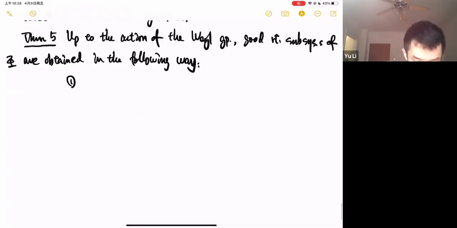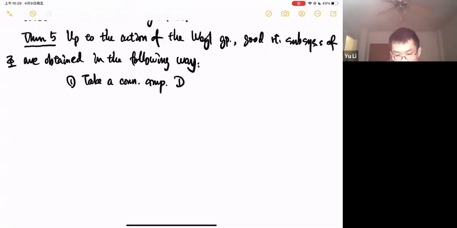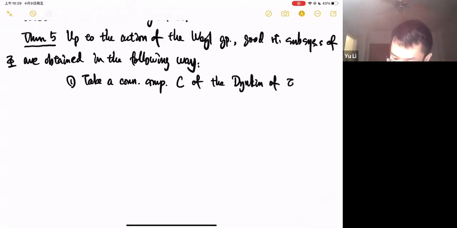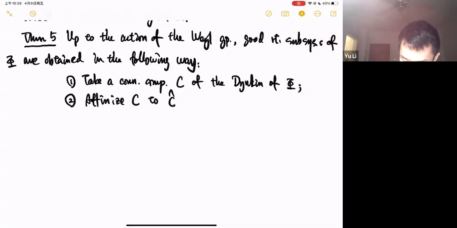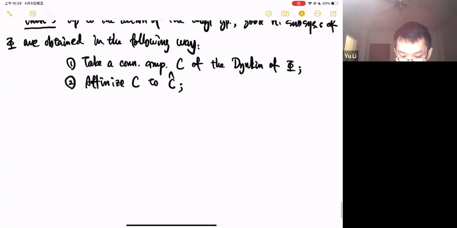Step 1, I take a connected component, let's call it D. Sorry, I used D for the Drinfeld double. No, sorry, I'll use C of the Dynkin diagram of phi, and then I affinize C to the affine Dynkin diagram C hat.